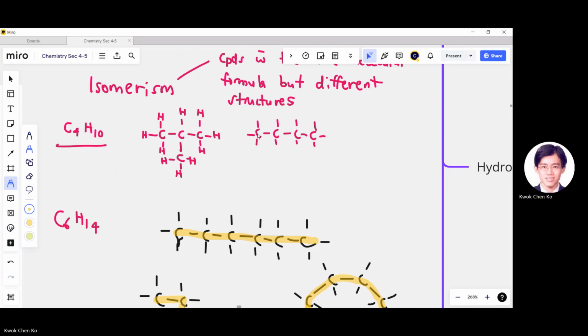This one is obvious. 1, 2, 2, 3, 3, 4. So this is what we call straight chain. Straight chain, which you may want to take down somewhere. But look at this one on the left. Do you notice I go from 1 to 2? But at point number 2, I can either go down or I can go right. There is a branch. So this is what we call branch chain.